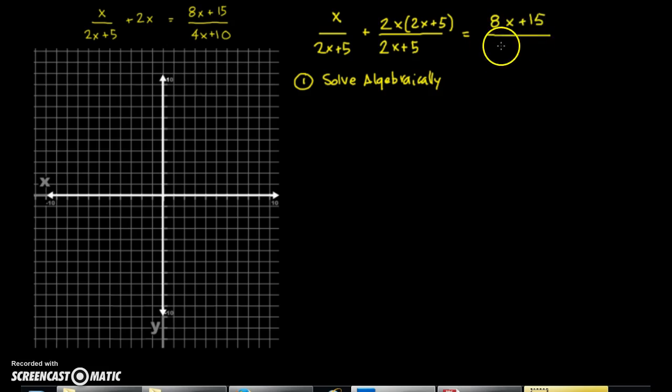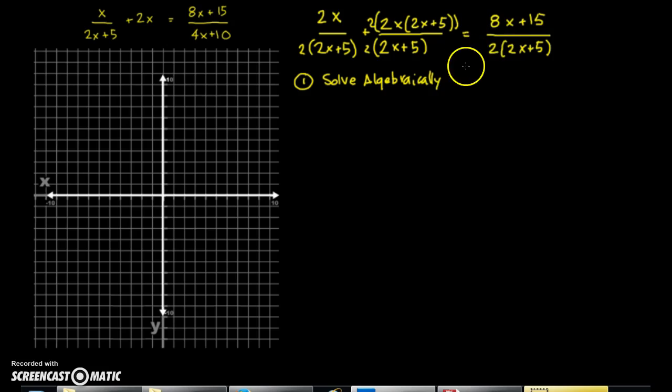This is interesting actually. I have a 2 outside of 2x plus 5, which means I can make all these under the same denominator if I say this is actually over 2 times 2x plus 5, and this one's over 2, which means both of these I need to multiply the tops by 2. So it would be 2 outside of all brackets, this whole thing.